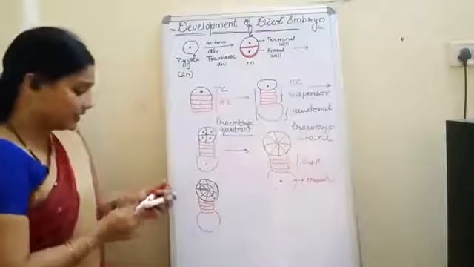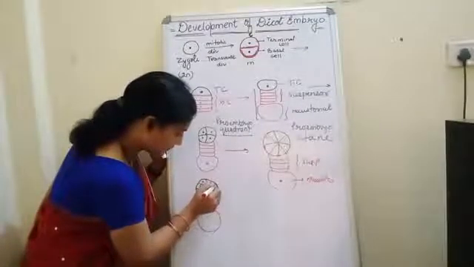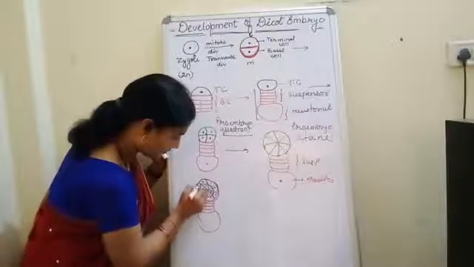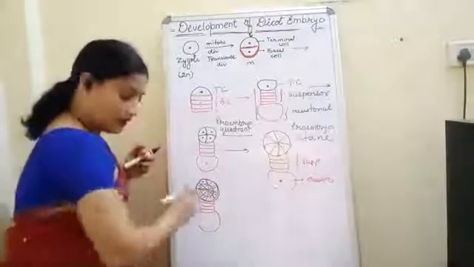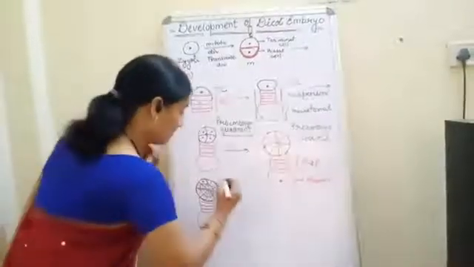Okay, see the nucleus for each. Okay, this is periclinal division in the pro-embryo.